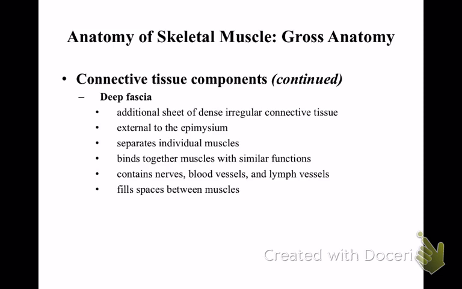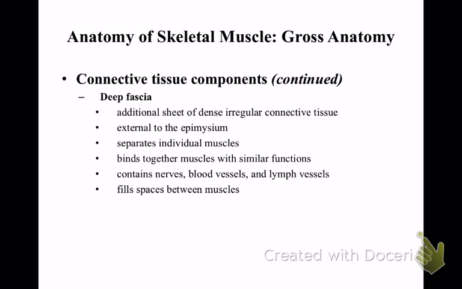The deep fascia is external to the epimysium. So it's outside of that and not considered part of the muscle, but it does help separate that muscle from neighboring muscles. So, for example, in the anterior surface of your forearm, you have muscles that run side by side. You can see the tendons of some of them in your wrist. So you know you have individual muscles there. Yesterday we learned that there's a synovial membrane separating the tendons.